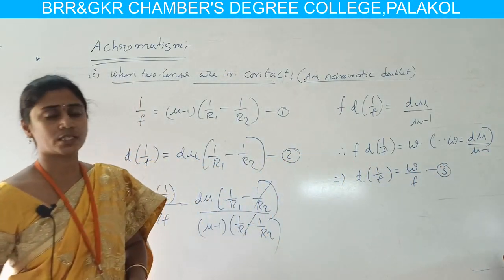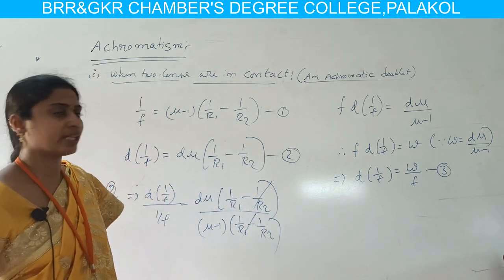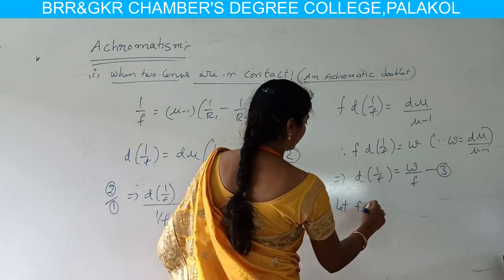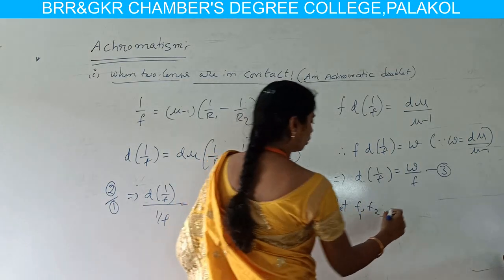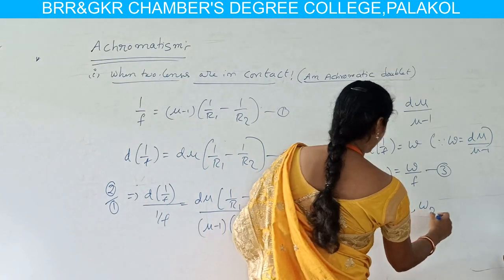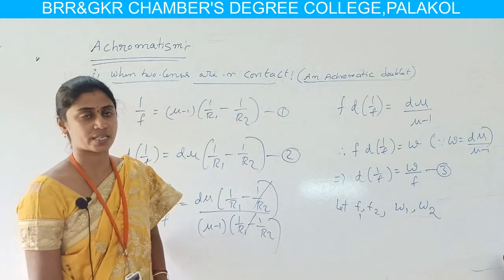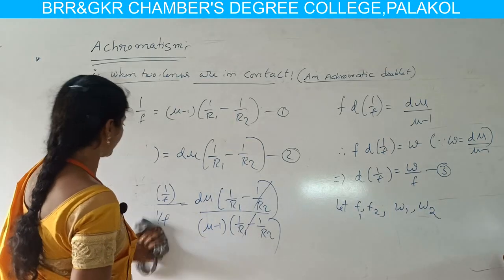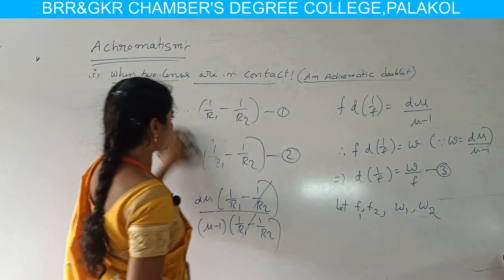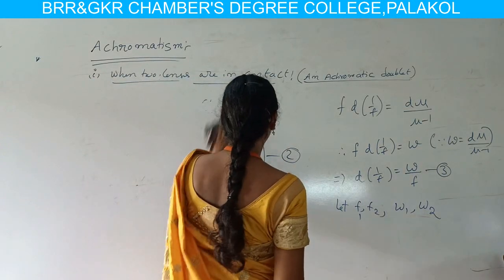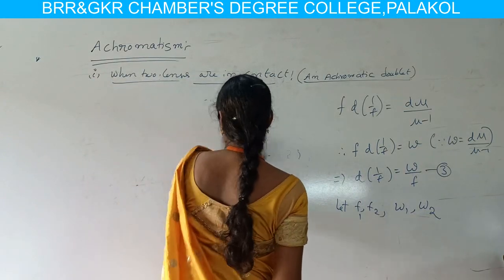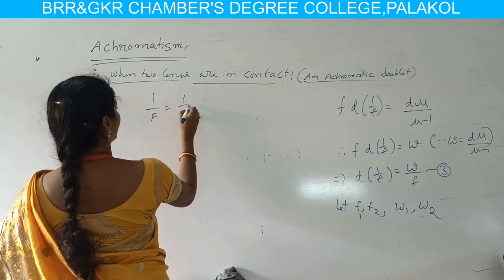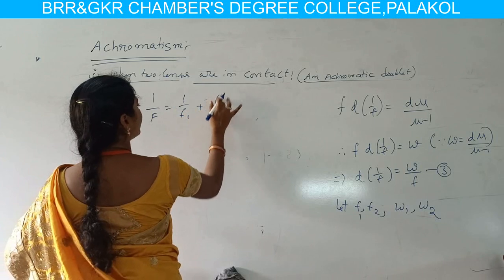Now let us consider f1 and f2 as the focal lengths, and omega 1 and omega 2 as the dispersive powers of the two lenses. Then the combined focal length of the two lenses is given by 1 by f equal to 1 by f1 plus 1 by f2.